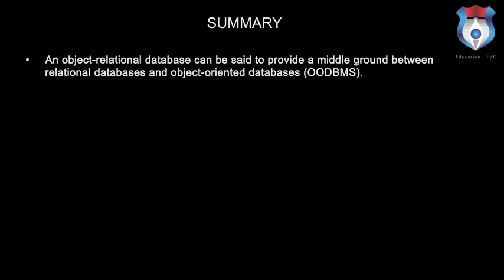Summary. Now, in the end, let us summarize what we have learnt in this lecture. An object-relational database can be said to provide a middle ground between relational databases and object-oriented databases, OODBMS.